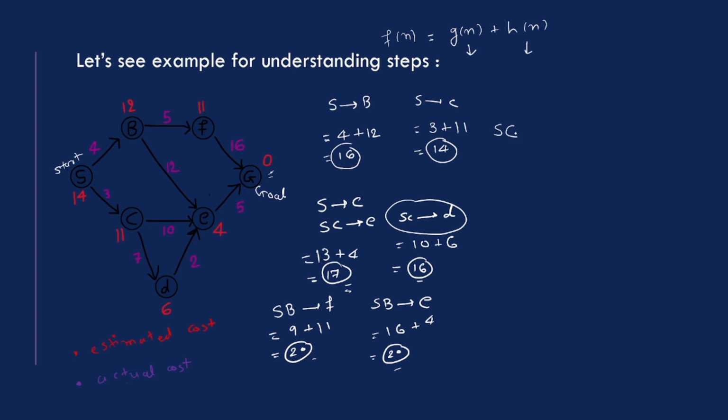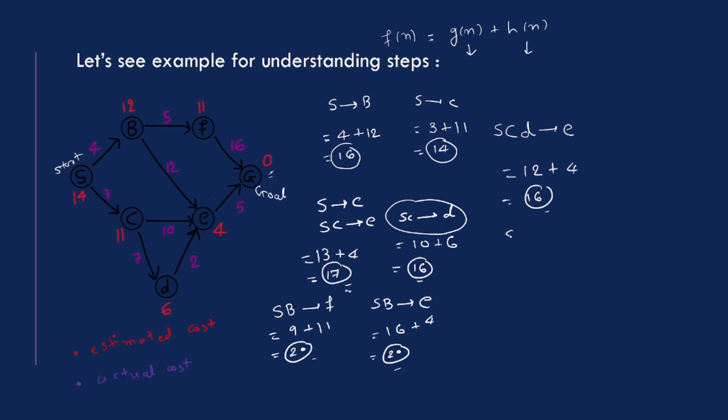Now SC, D, and we will go through E. S to C is 3, C to D is 7, and D to E is 2. So the actual cost will be 3 plus 7 is 10, plus 2 is 12. And then the estimated value of E is 4, so we get 16. So again 16, which is less than 17 and 20. We will keep that in mind.